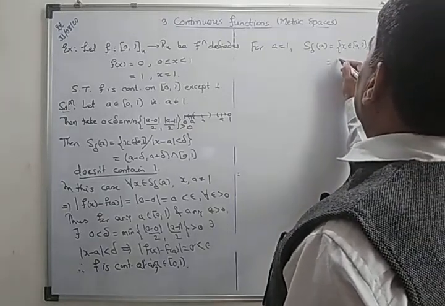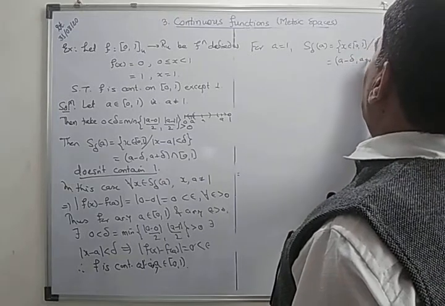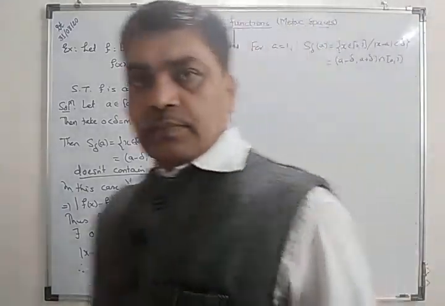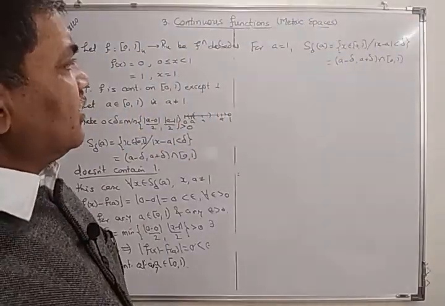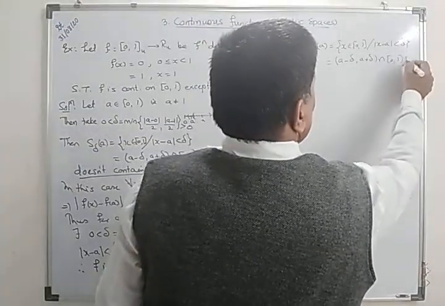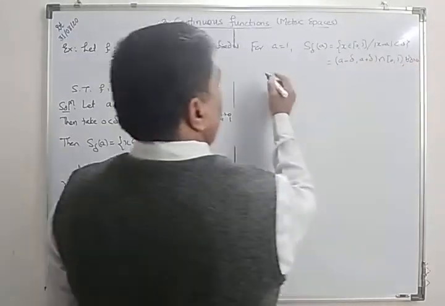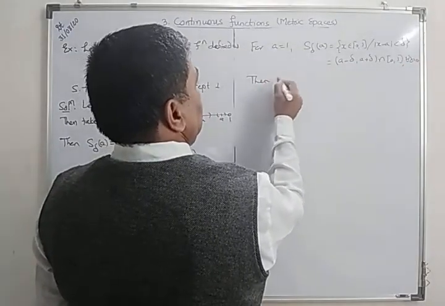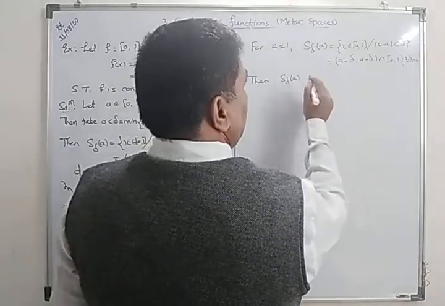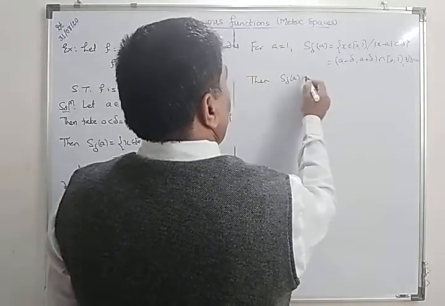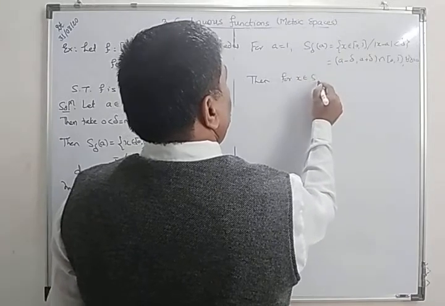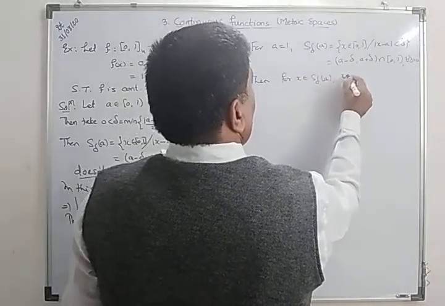This is precisely a minus delta to a plus delta intersection closed interval 0, 1, for any delta greater than 0. Then S delta A contains 1.